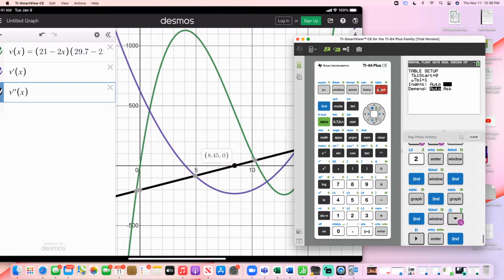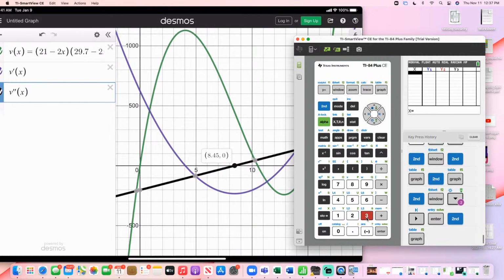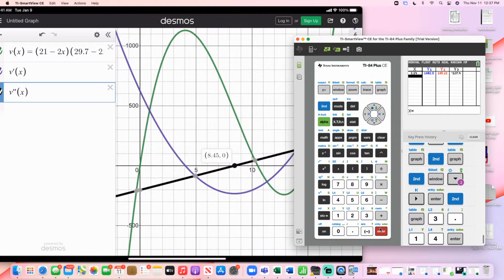I'm going to go second table. I'm going to say 3.14, which is roughly pi. So that will give you a value at 3.14. You want 6.28? That's fine. Is that pretty cool? So you can get all the values at the same time for the original function, first derivative, second derivative.